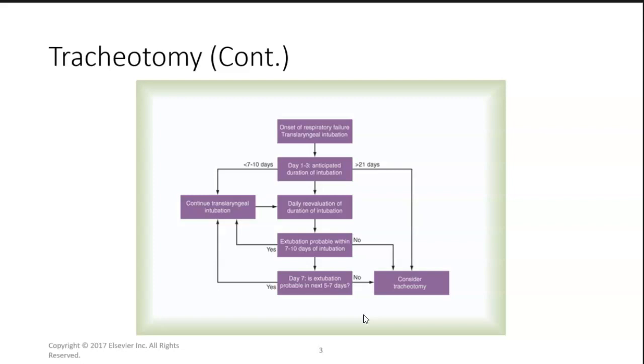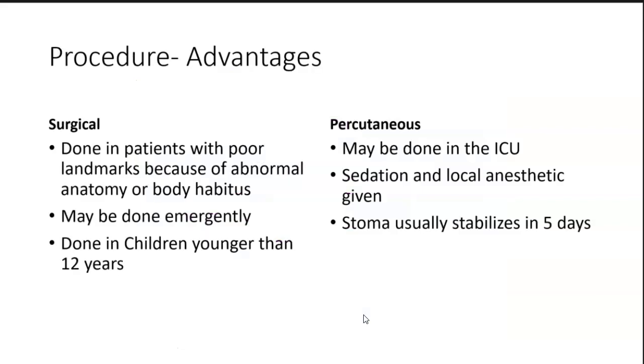If they're in that 7 to 10 day window, they're going to be evaluated daily for the possibility of extubation. If they've failed multiple extubation attempts, or if we're looking at needing to be intubated for longer than 21 days, then we would really start considering that tracheostomy tube.